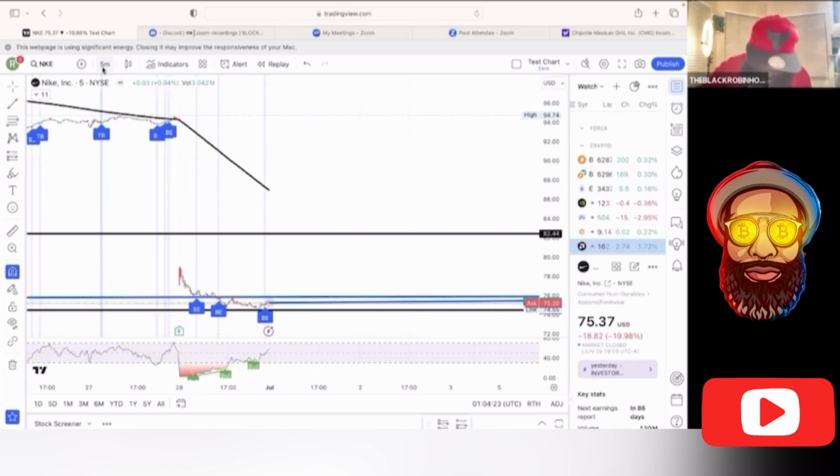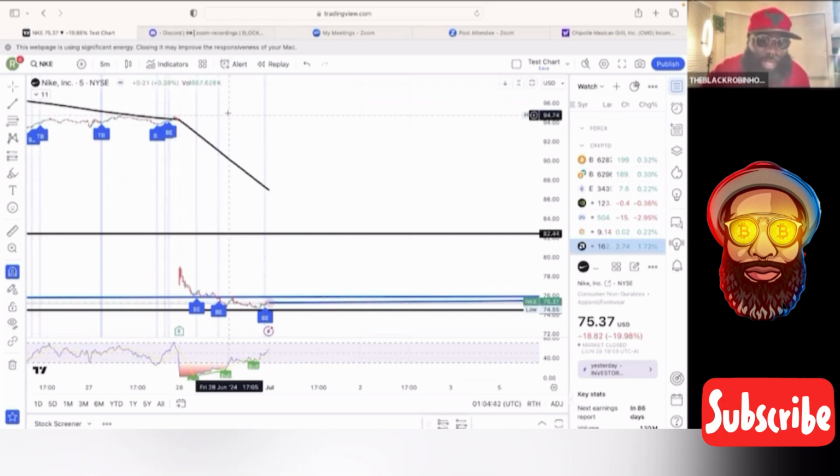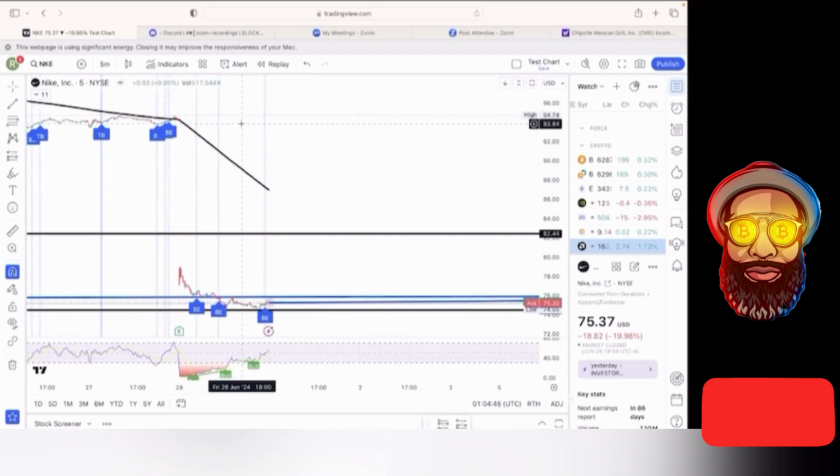The expiration just gives you peace of mind. So if you give yourself 2 years for Nike to hit 85 or 80, it's more likely to happen than if you have an expiration of 2 weeks from now and you're like, yeah, 94 strike on Nike. That ain't gonna happen.